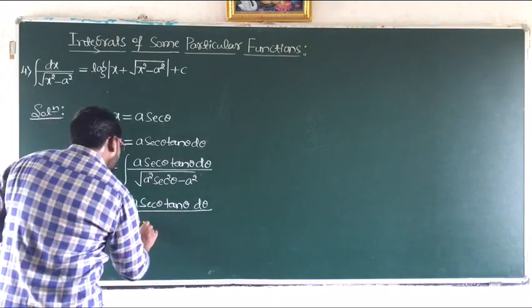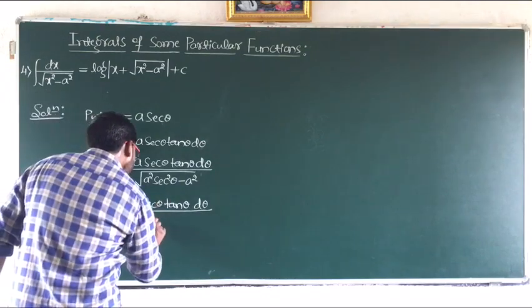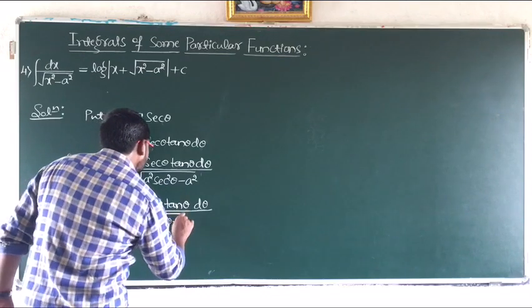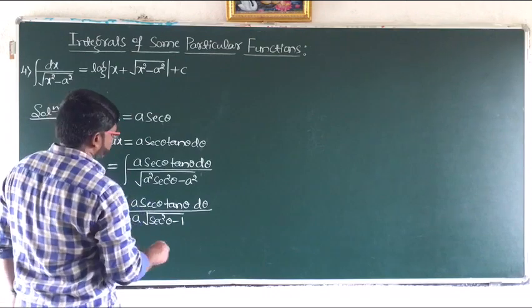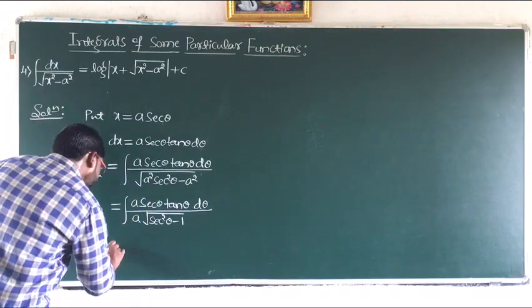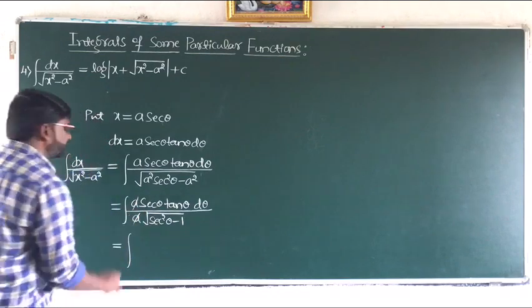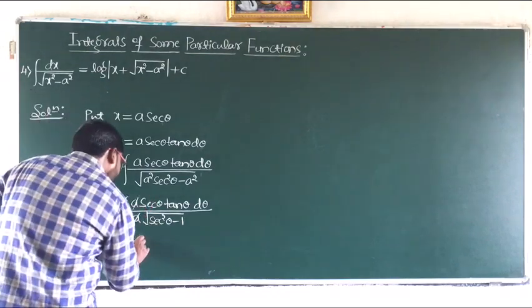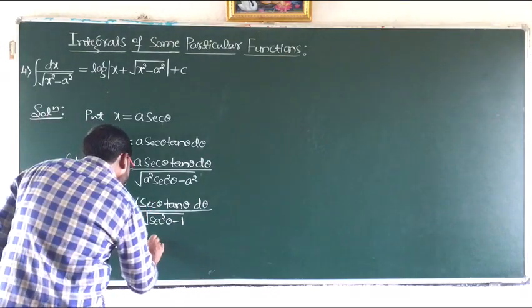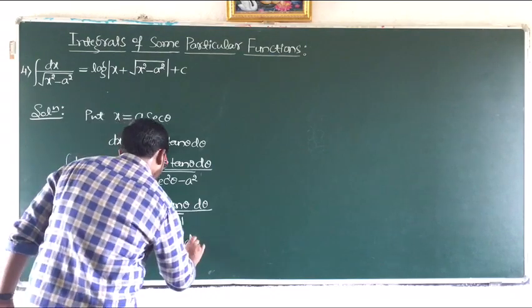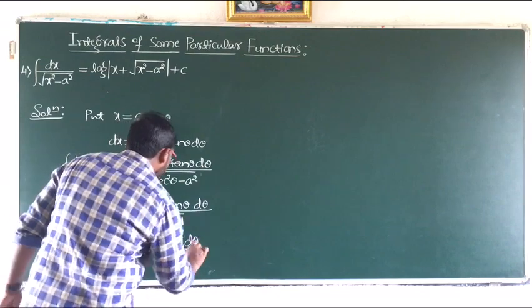So under root we have secant square theta minus 1. So now in the next step, a and a get cancelled. So write the remaining terms: secant theta into tan theta d theta divided by.